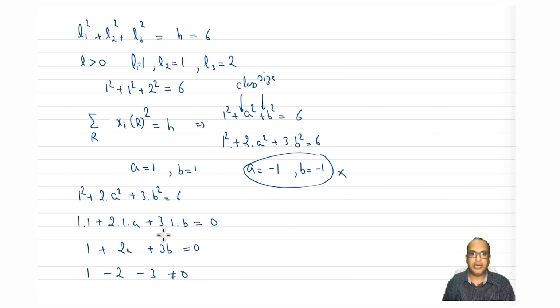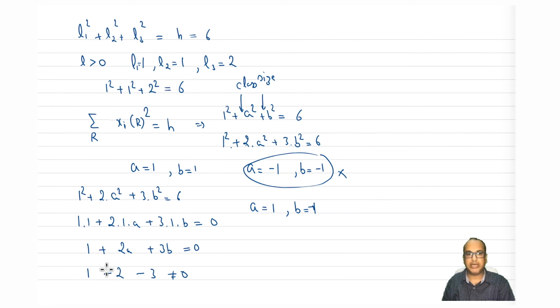So again, we are doing hit and trial, but we don't need to do hit and trial here. We can actually solve it properly because there are two variables and two equations. Okay. So now if we take a equal to plus 1 and b equal to minus 1, it does solve this, right?